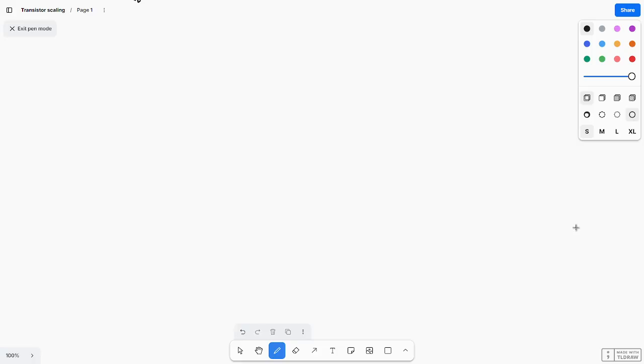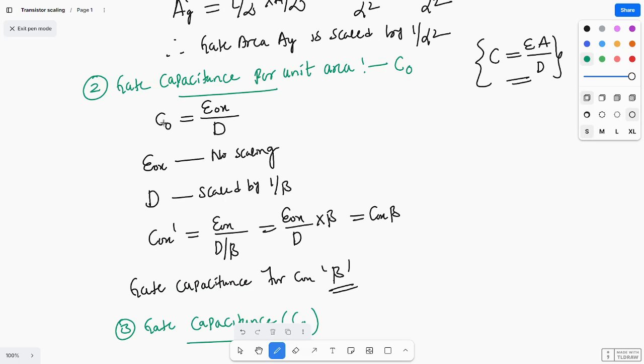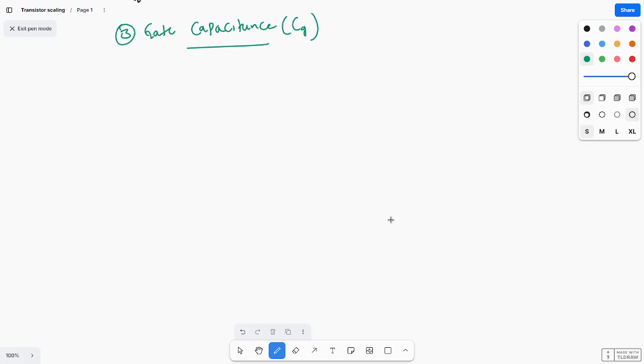And next we'll see the gate capacitance. Gate capacitance is CG. Initially you saw the gate capacitance per unit area, where the area was not included. Here, for gate capacitance, you need to consider the area.